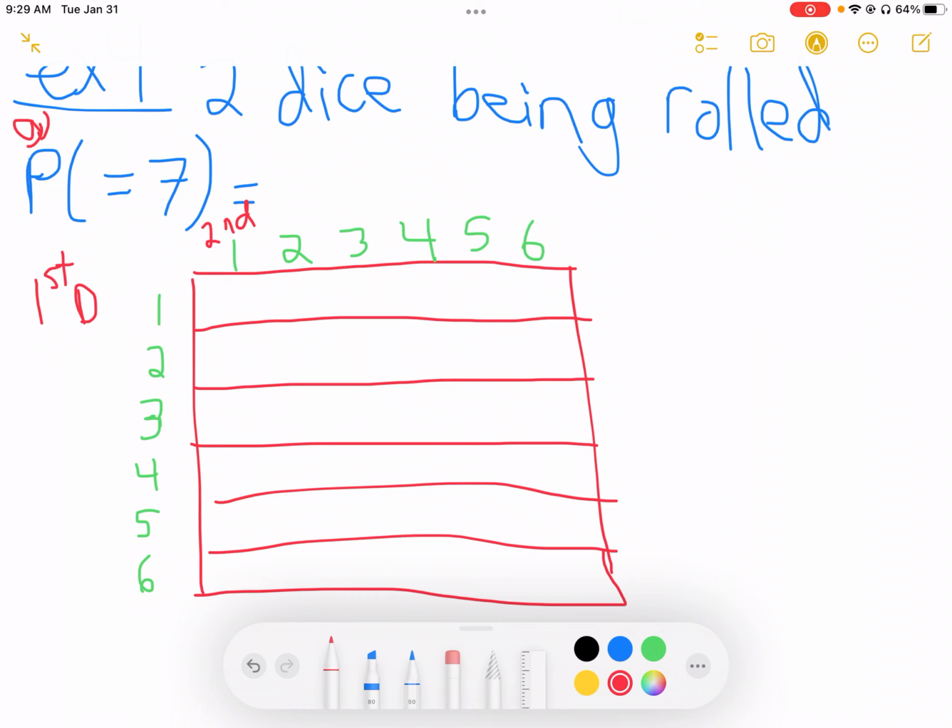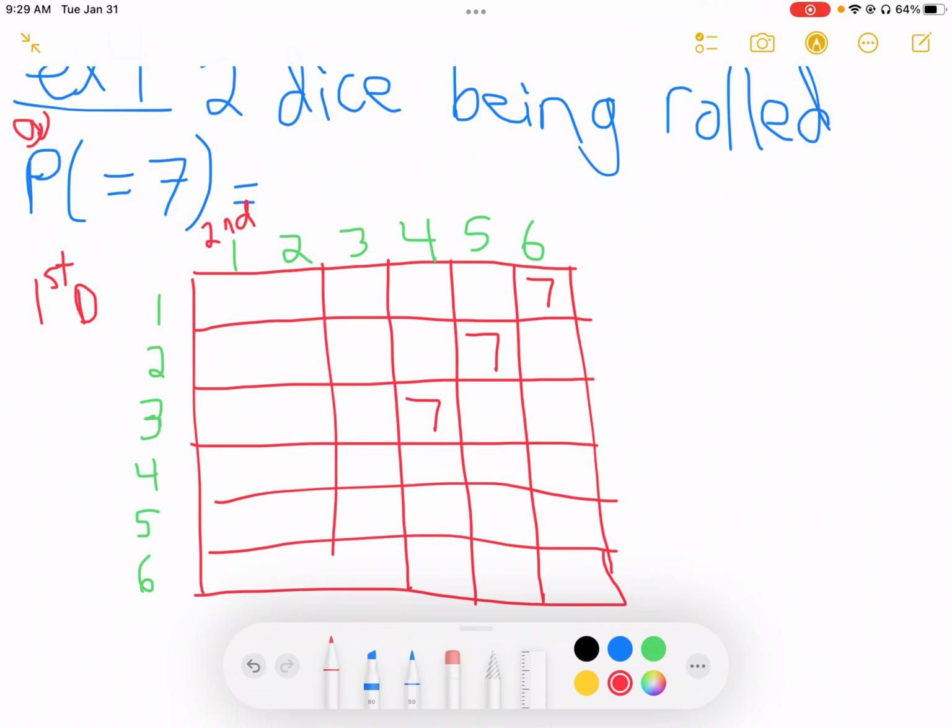If I think about my 7, my 7 in this one is just right here. That's a 7. But I could get a 2 and 5, and that would give me a 7. If I got a 4 and a 3, that would give me a 7. If I had a 3 on this first dice, and then I got a 4 on the other one, that would also give me a 7.